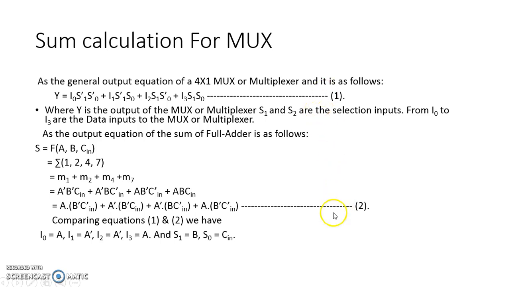If we compare these two equations, equation 1 and equation 2, we find that our I0 is equal to A, our I1 is equal to A', our I2 is equal to A', our I3 is equal to A, whereas S1 is equal to B and S0 is equal to C in. So we map the sum for the multiplexer.